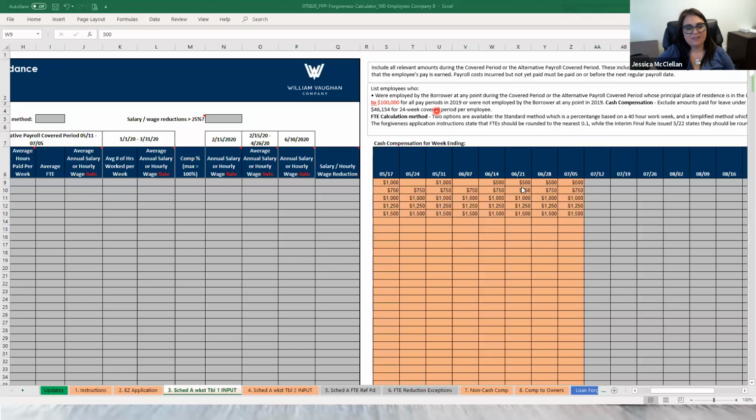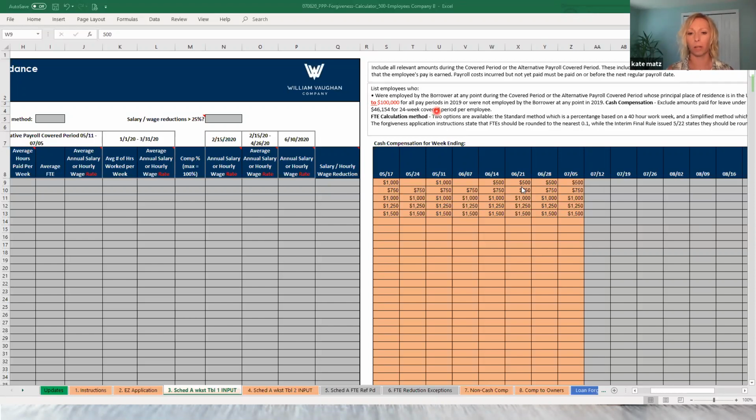Verify FTE. If the business is open for a total of 24 hours in a week and the employee works this 24-hour period, is that considered an FTE? So FTEs are going to be based off of the number of hours that are worked in a given week. So if you have somebody that works 40 hours per week, they are 1 FTE.